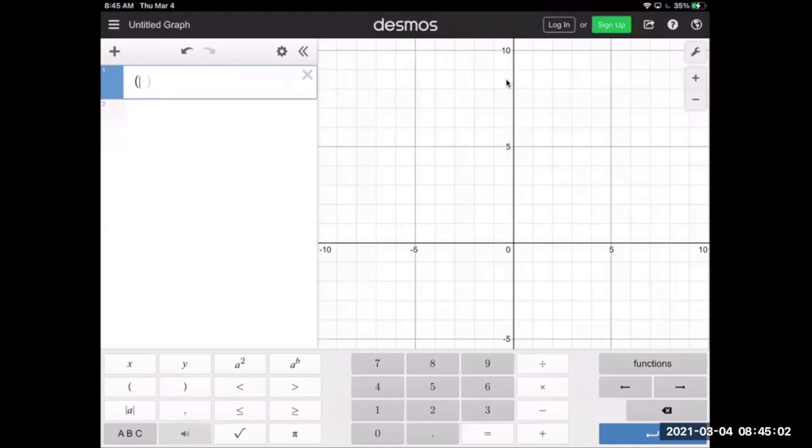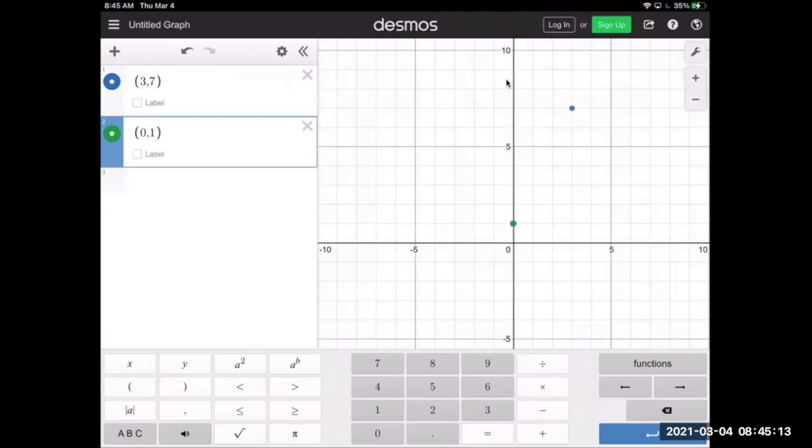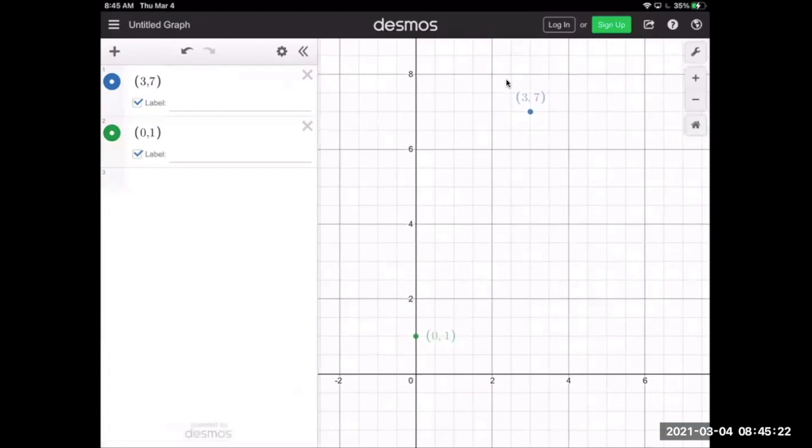So if I have 3 comma 7 and 0 comma 1, I'm going to label them so I can make sure I know that they're there. And then you can go back to exactly what we were just doing. You're counting your rise over your run.